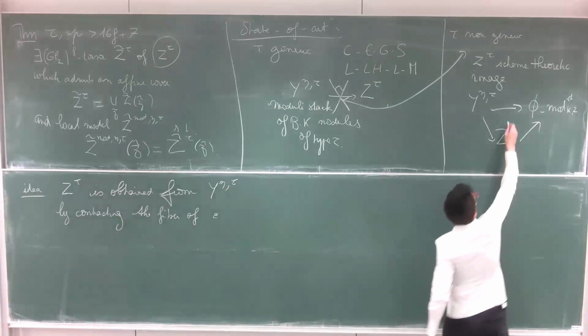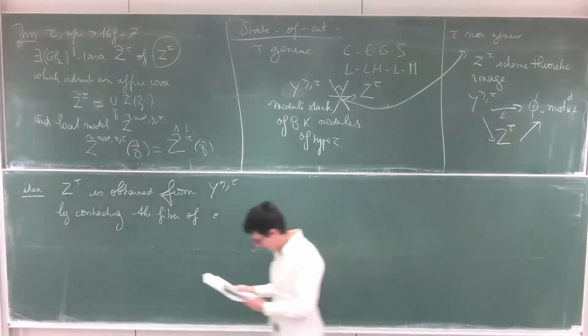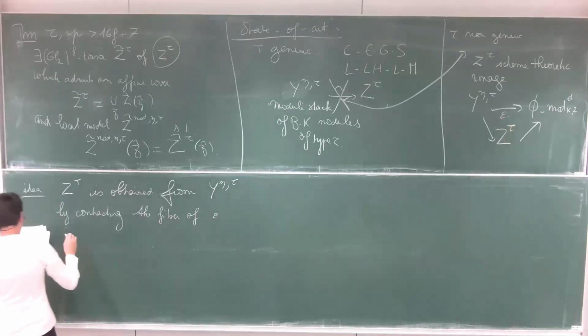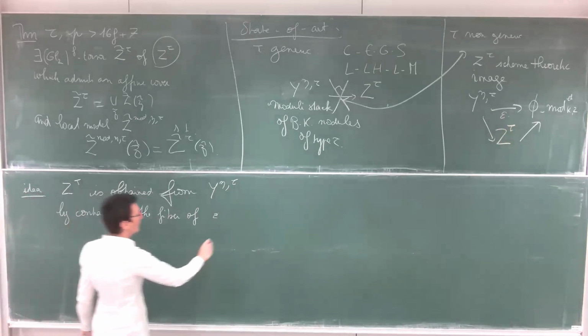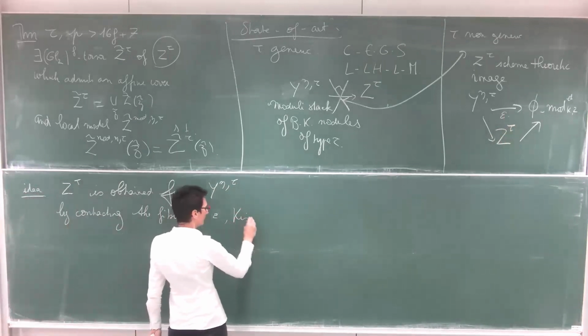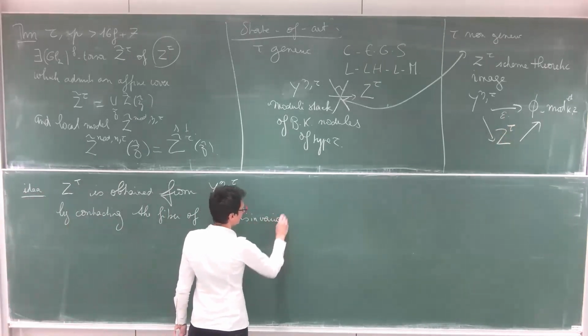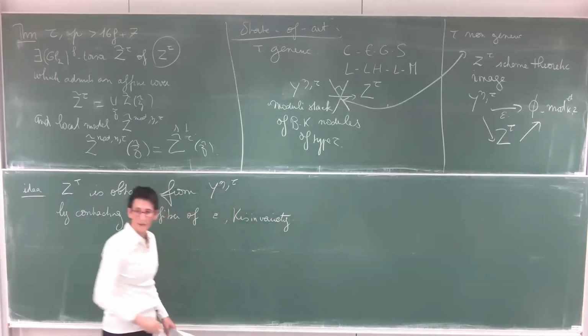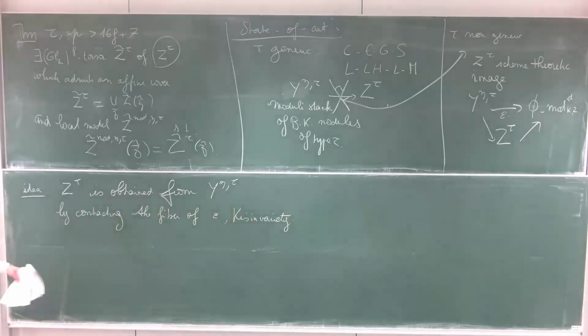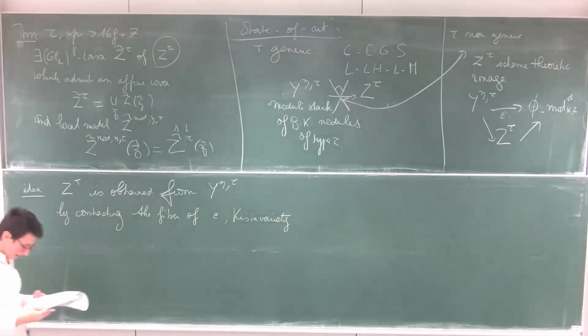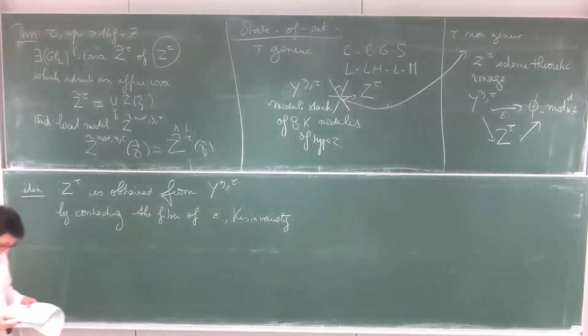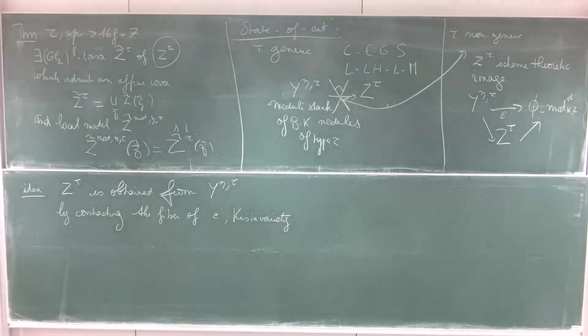This map. And the fibers of this map are called the Kisin varieties. Okay. So you have an object and you have to contract it. And this is the source of all complication in the non-generic computation. It's this contraction procedure.